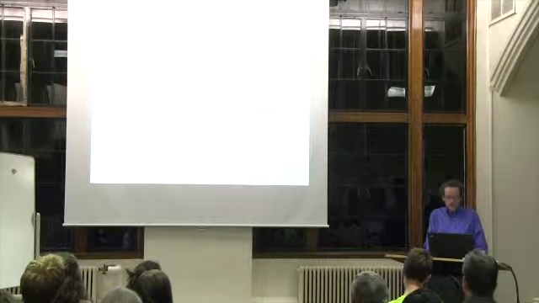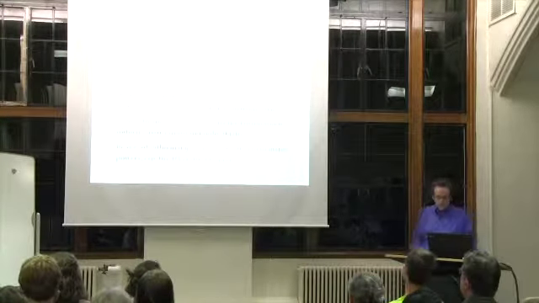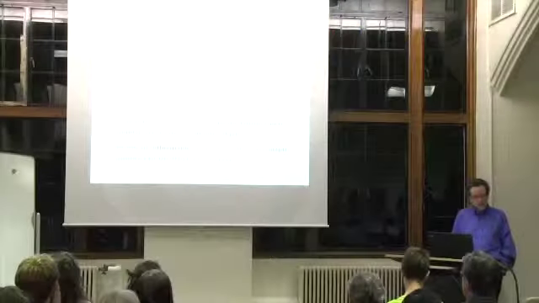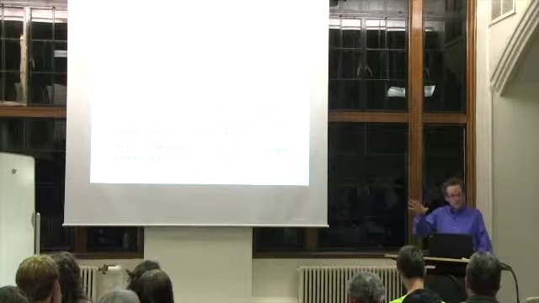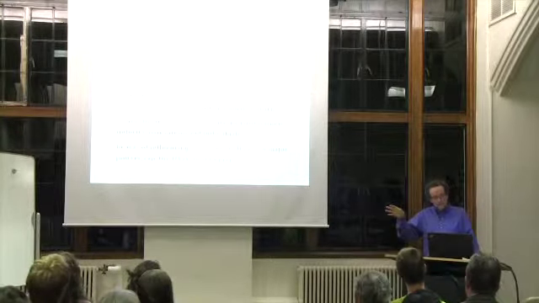Now, the reason for that is that these rules are, for the most part, formed under conditions that are ideal for lobbying, conditions which are not democratic. It's governments getting together, conditions where there is very little transparency and very little accountability.